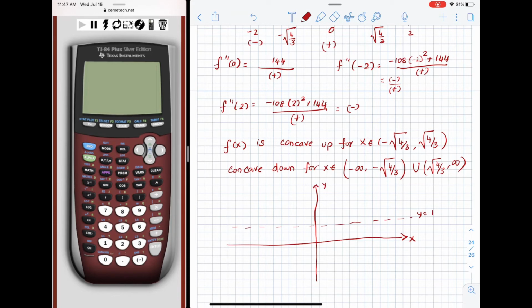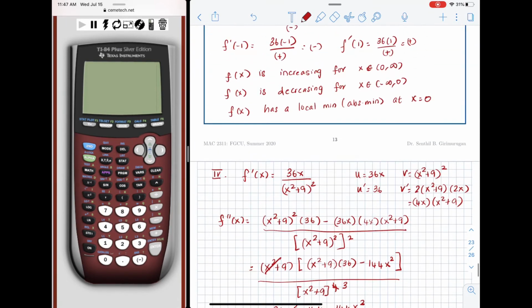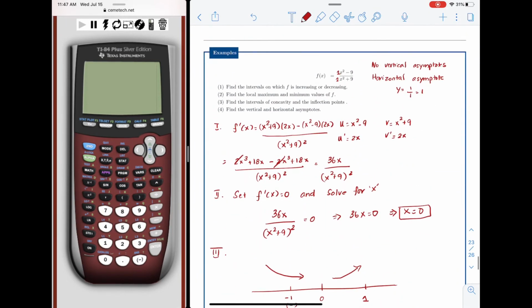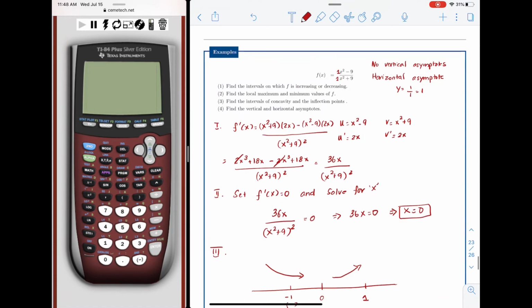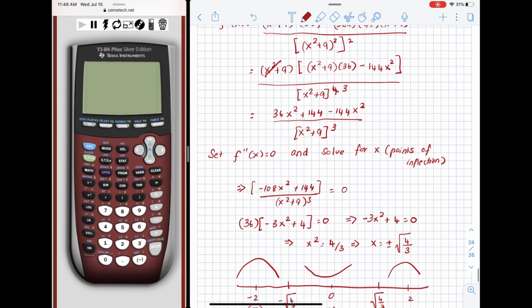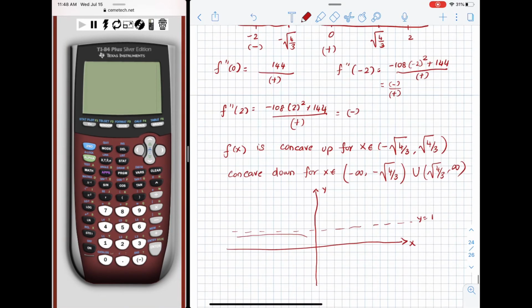Since there is a minimum, and when I plug in 0, I get minus 9 over 9, which is negative 1.